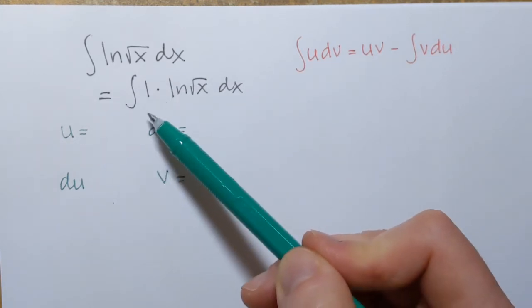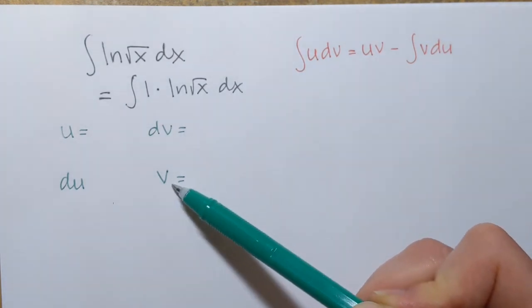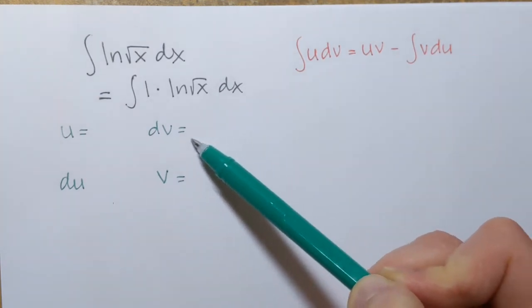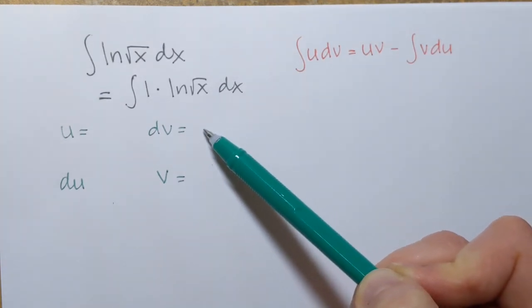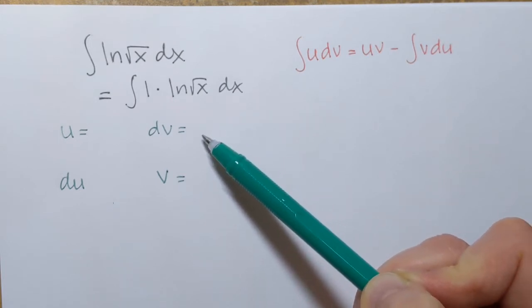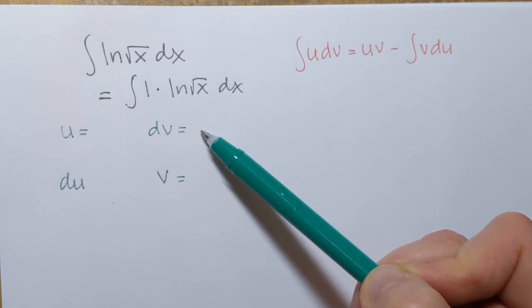Now, what is what in this example? Once again, if I have to find v by integrating the right-hand side over here, I shouldn't be assigning ln of square root of x here, right? We just talked about how we cannot find a basic antiderivative of a logarithmic function in this case.